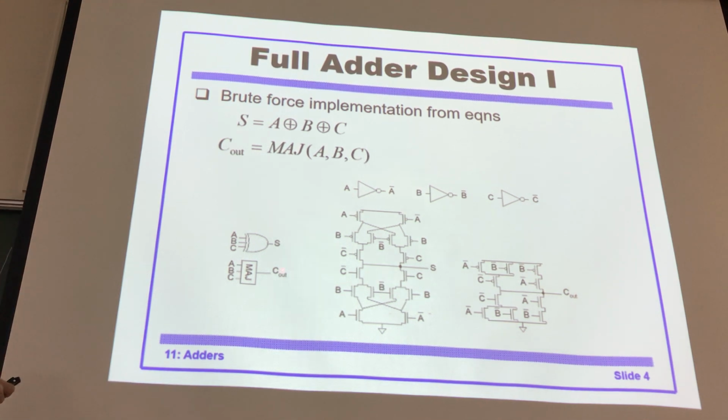Okay. The carry out is the majority of A and B and C, but it turns out that it's not a typical CMOS circuit gate, right? This is not a typical CMOS circuit design. Because in a typical static CMOS gate, you should have duality, meaning if A and B are in series here, here it should be in parallel, right? If in parallel here, it should be in series.